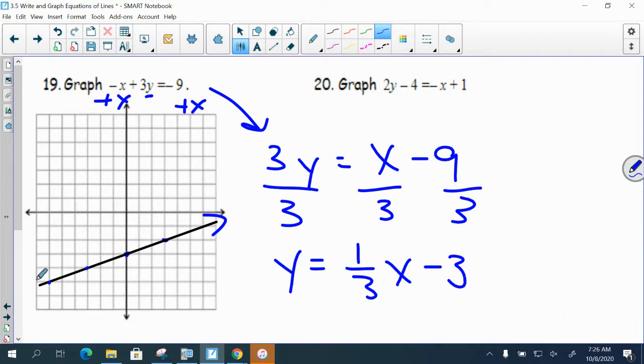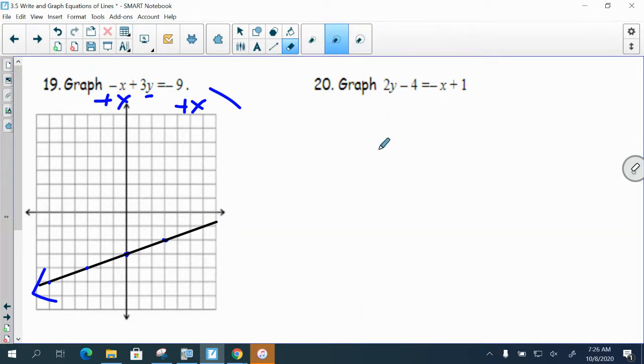Alrighty. Next, for this one, I'm going to erase this part. So we're not in standard form technically because the x is already over here. So I would convert it to slope-intercept form since it's already partly there.